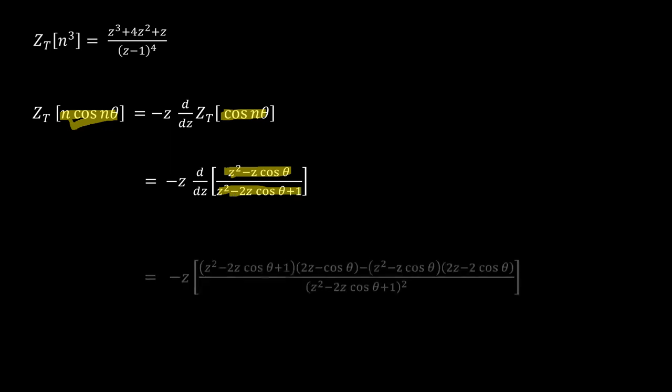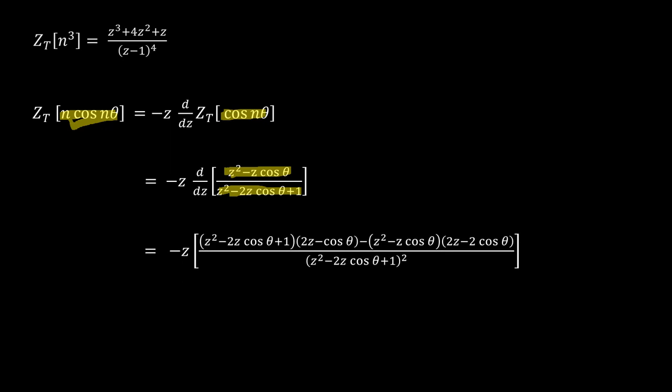Applying the quotient rule, you'll get minus z into z square minus 2z cos theta plus 1 into 2z minus cos theta, minus z square minus z cos theta into 2z minus 2 cos theta, divided by z square minus 2z cos theta plus 1 whole square.